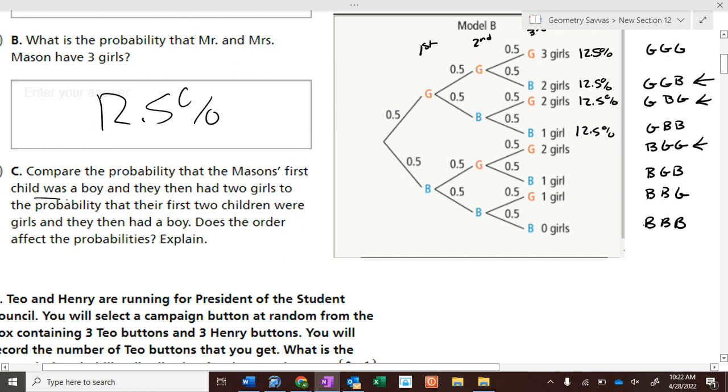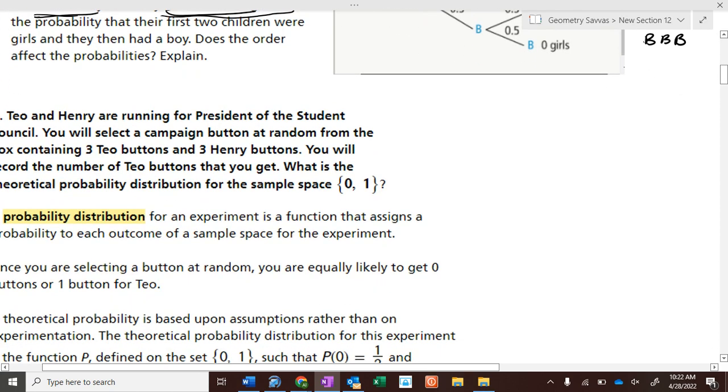The probability that the first child was a boy and then they had 2 girls. Given that the first was a boy and then 2 girls, well, that only happens once right here. So that's 12.5%. But then if they say they had exactly 2 girls, then that's 37.5%.